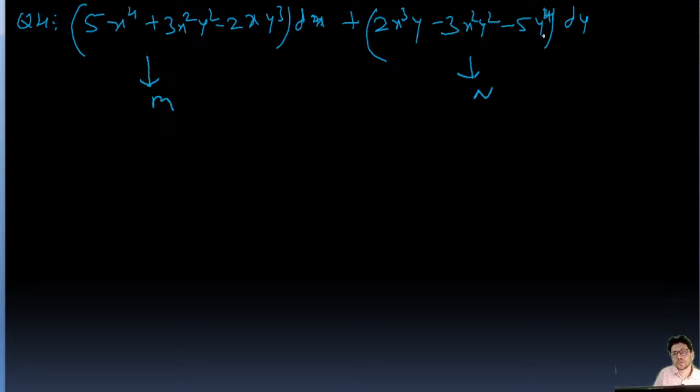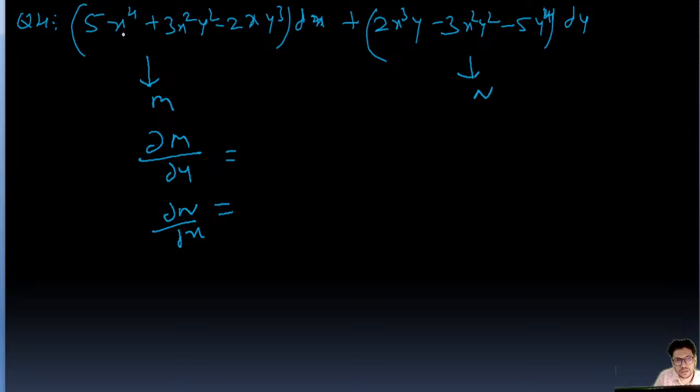So now first we'll check whether this differential equation is exact or not. N and M are both functions of x and y. How to check? We find del M upon del y and del N upon del x. For del M upon del y, we differentiate with respect to y.